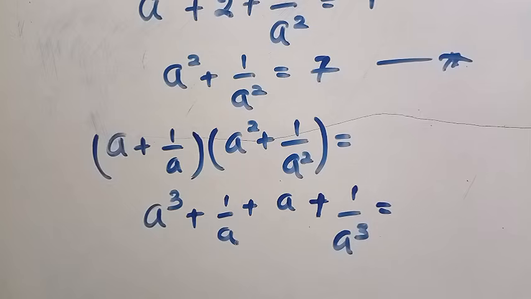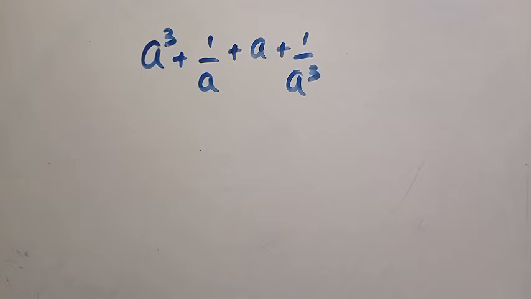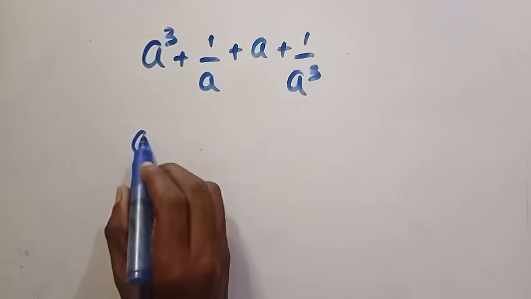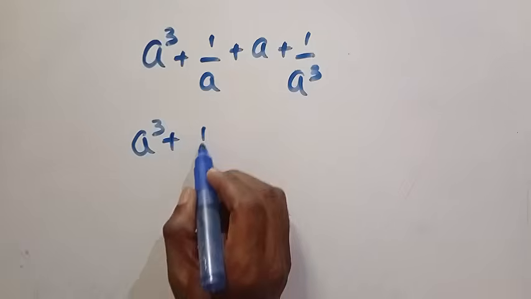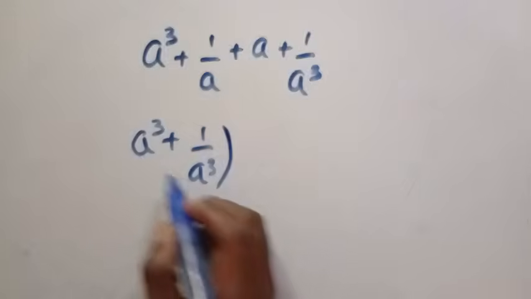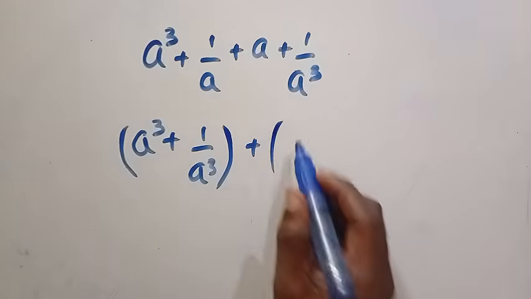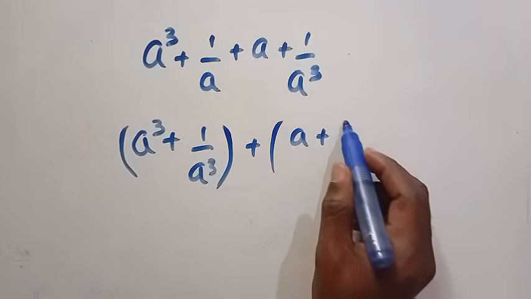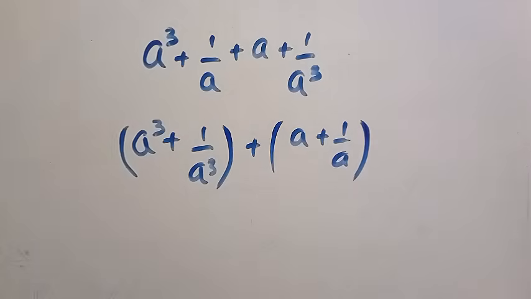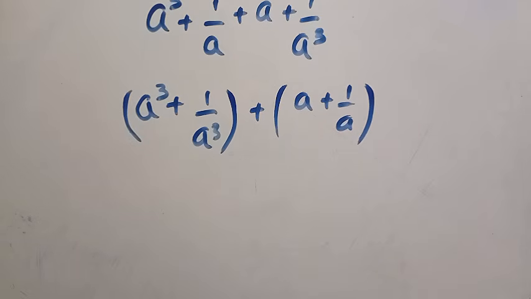So by bringing this together, we have a cubed plus 1 over a cubed, and also we have a plus 1 divided by a. So this is what we get after expanding this, but we cannot stop here.